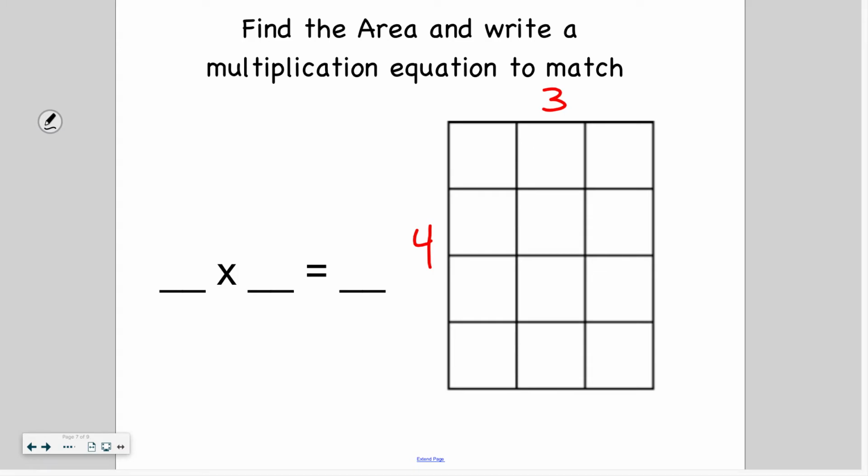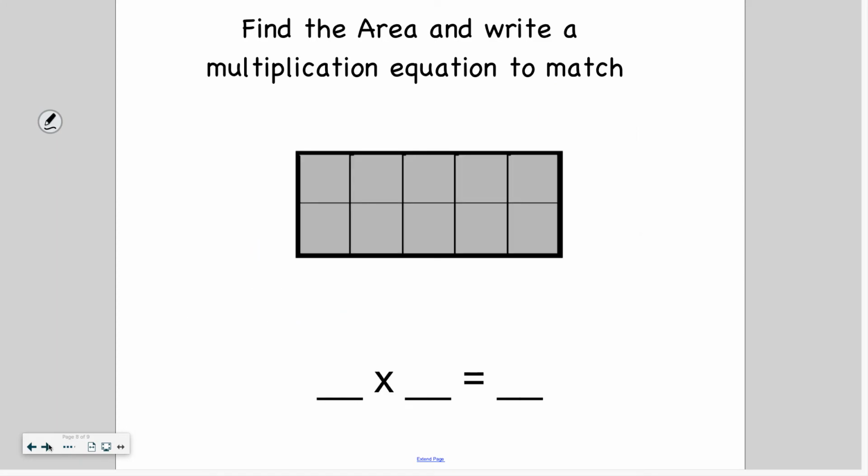So now how would we write, what equation would match this shape's area? Well, we know there are 4 rows of 3 units, which gives us how much? 12. So the area is 12 square units.